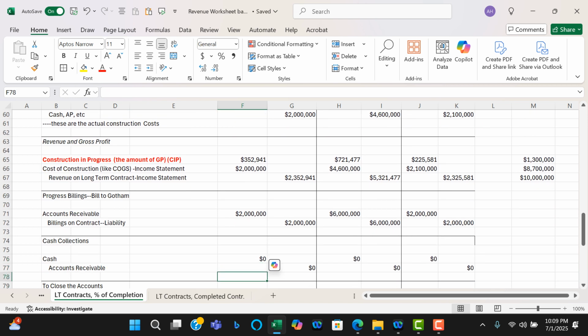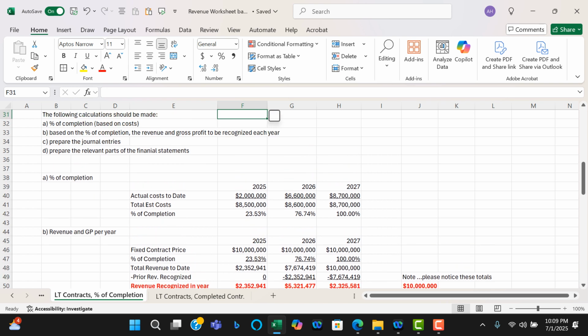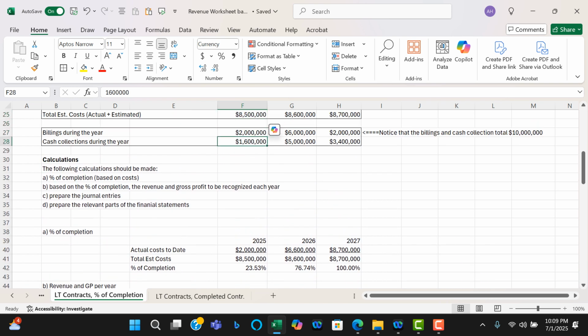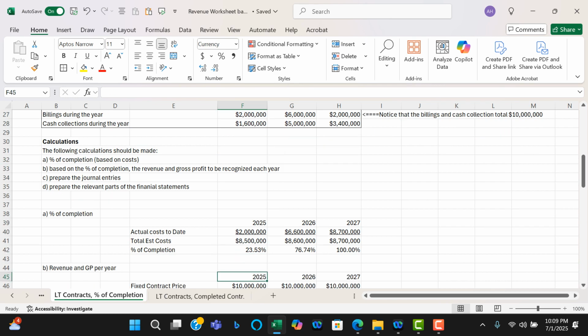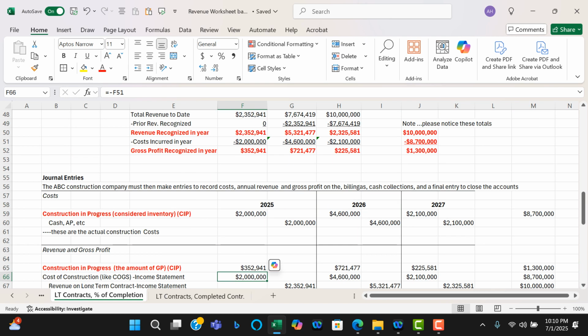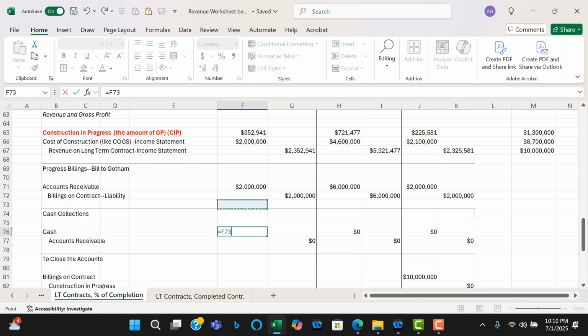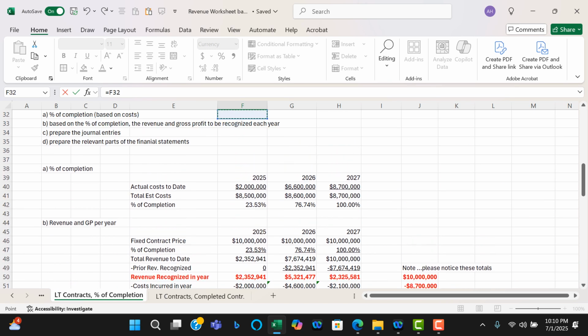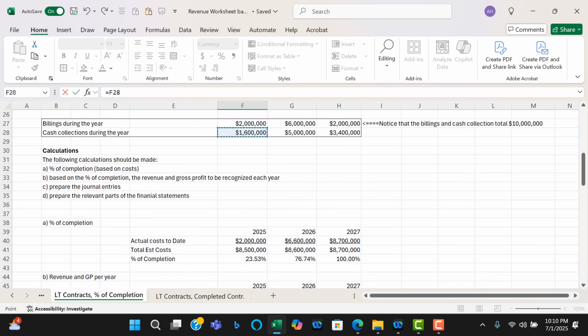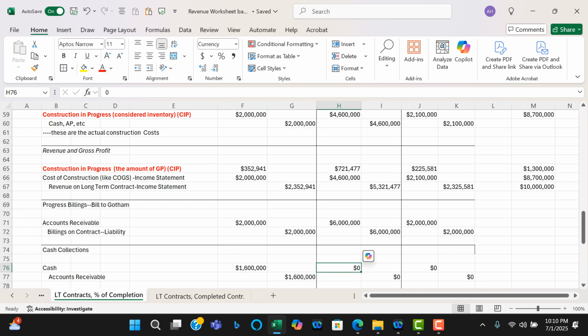Okay. Now the cash collections, and this is the accounting 101 entry. The cash collections are also from up here. Let me show you where they are. They are these numbers right here, which is just debit cash, credit accounts receivable. So we're going to come down here and put those same numbers in here, an equal amount. The cash collections are 1.6 million in the first year.